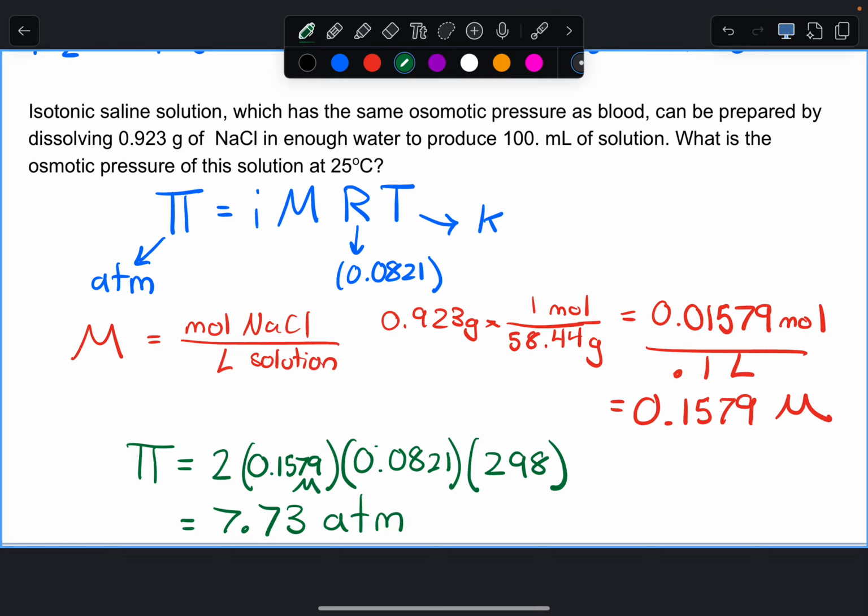So what this pressure is telling you is, this is literally a salt solution, and how that compares to just plain water. Your cells don't have plain water in them, so this pressure isn't this high between blood and your cell.